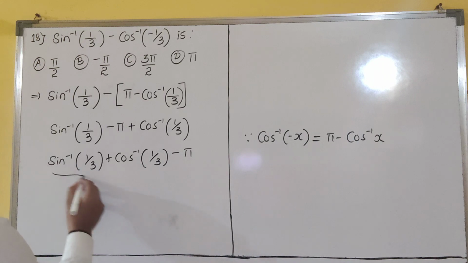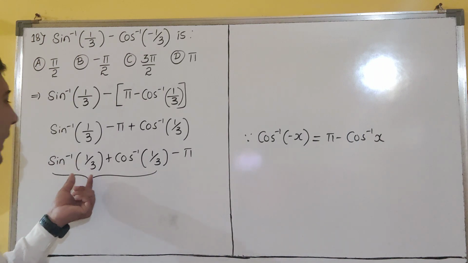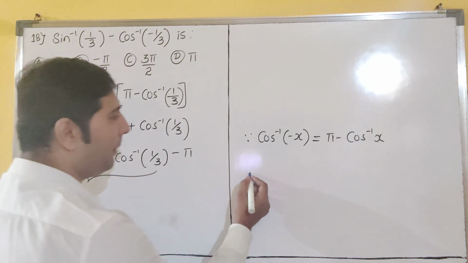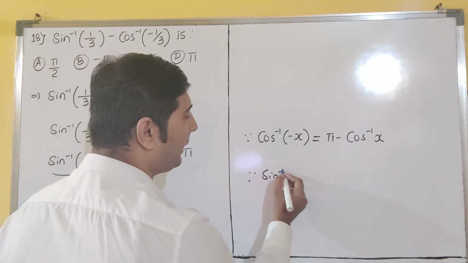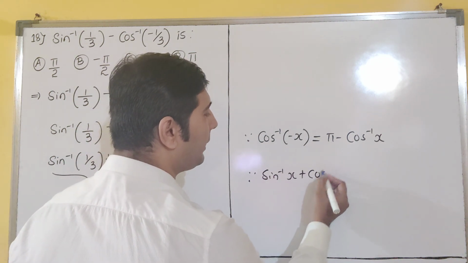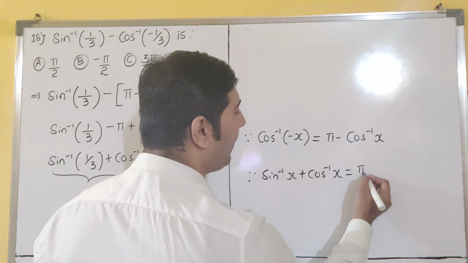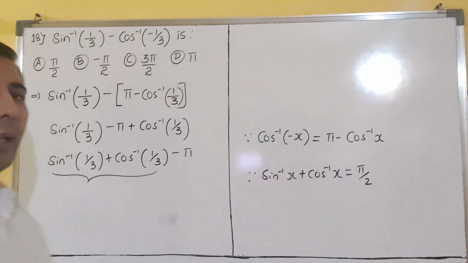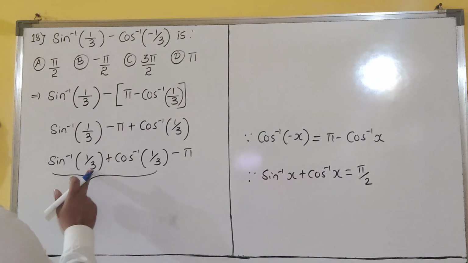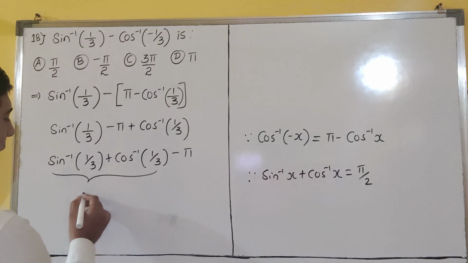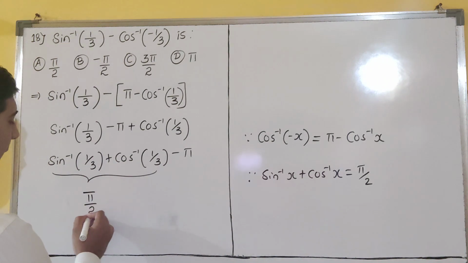And what is this? This is sine inverse x plus cos inverse x. Can you remember? Sine inverse x plus cos inverse x is pi by 2, dear students. Yes or no? So sine inverse 1 by 3 plus cos inverse 1 by 3 is pi by 2. Don't get confused.